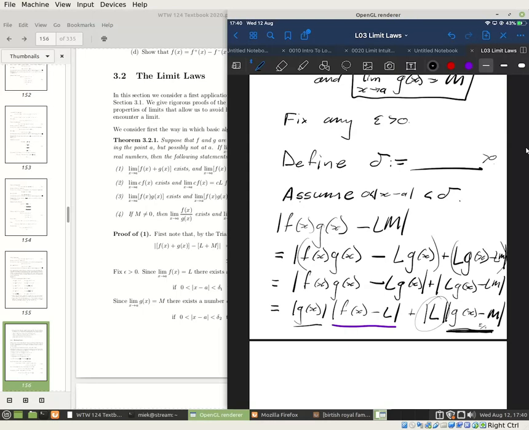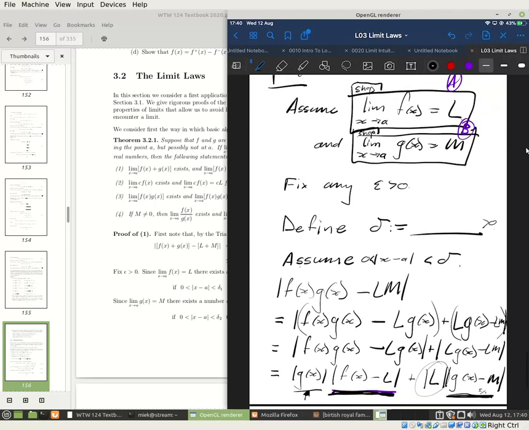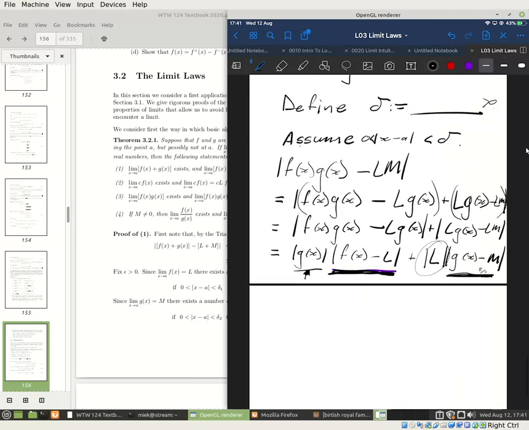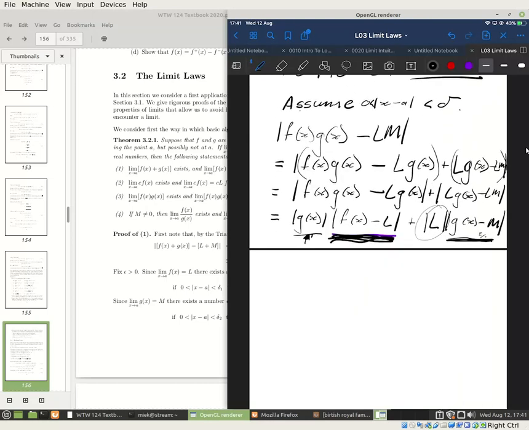Here we have a problem. We would like to control this factor. This we can control. By choosing things appropriately, we can use this assumption to control this factor. But here we have a problem, this g of x.